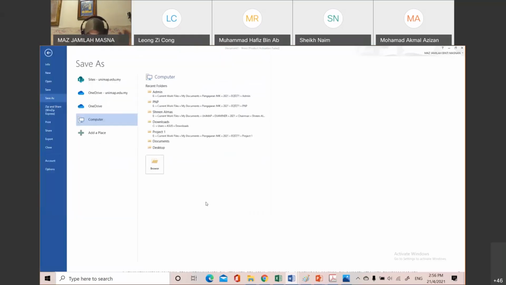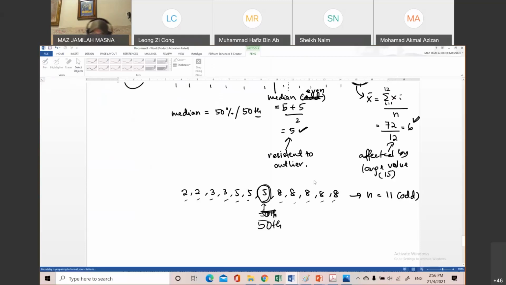Okay. Now, what is the mode here, class? Can you tell me the mode here? 1, 2, 3, 4, 5, 5, 8. So 8 is the mode because of the highest frequency in your data.